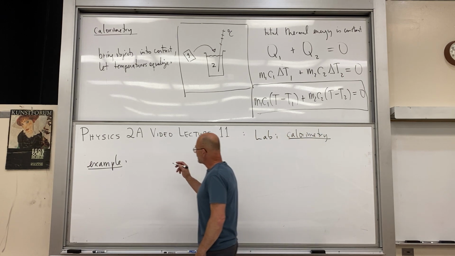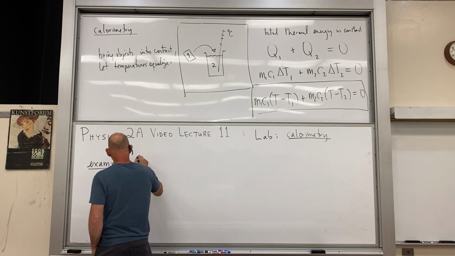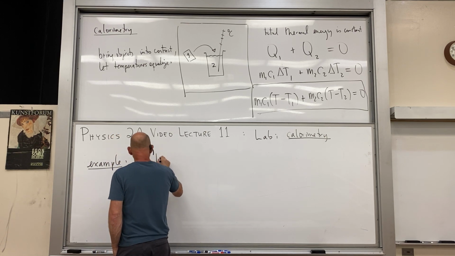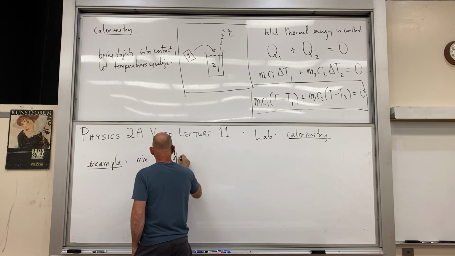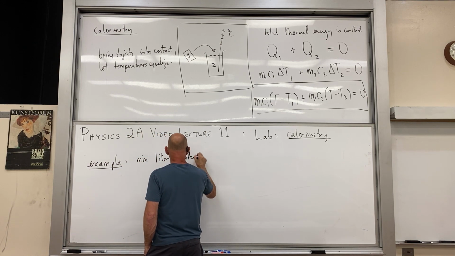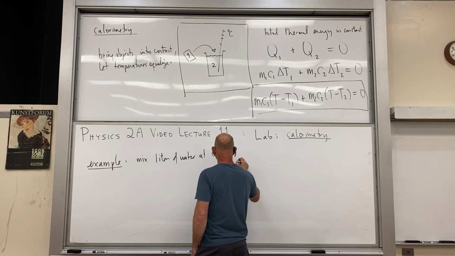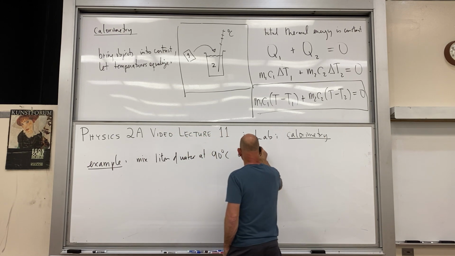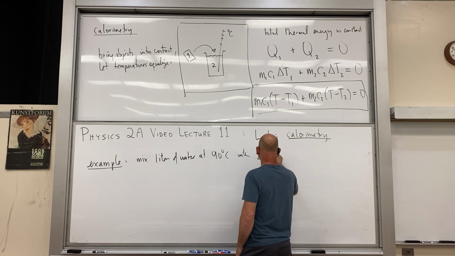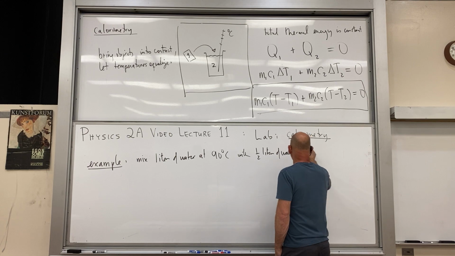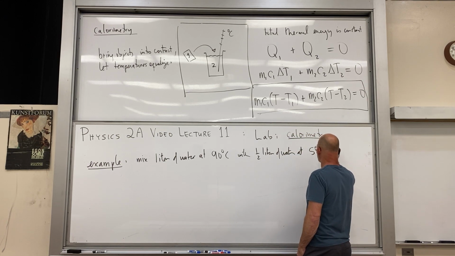So the example is, let's mix 1 liter of water at, say, 90 degrees Celsius with 1/2 liter of water at, say, 50 degrees Celsius.